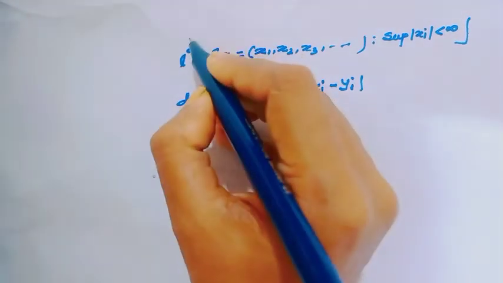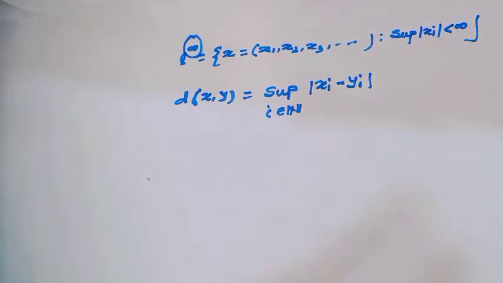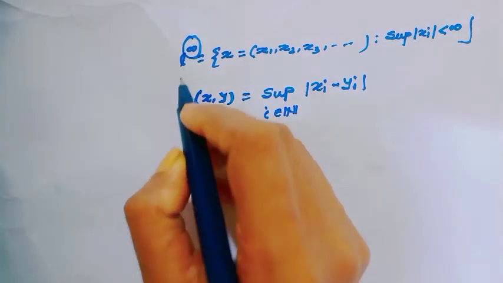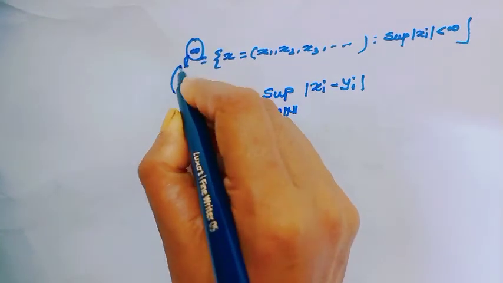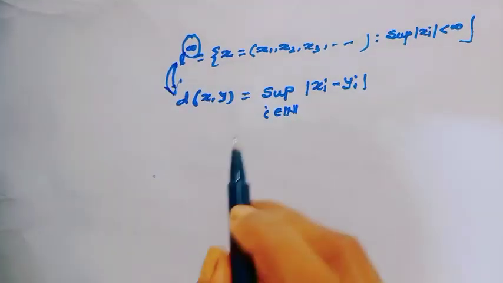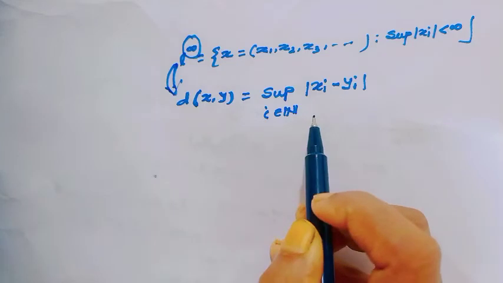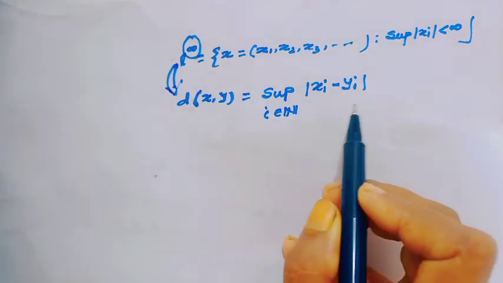This is the l infinity space. lp means the set of all convergent series, and l infinity means the set of all bounded sequences. So the metric which is induced by the norm on l infinity would be the supremum over i belonging to N of absolute value of xi_i minus yi_i.